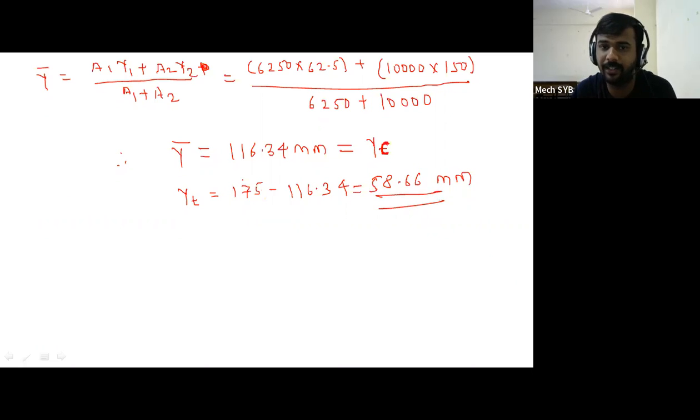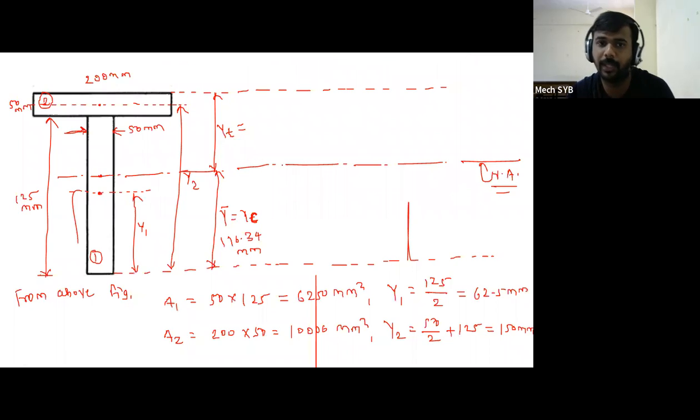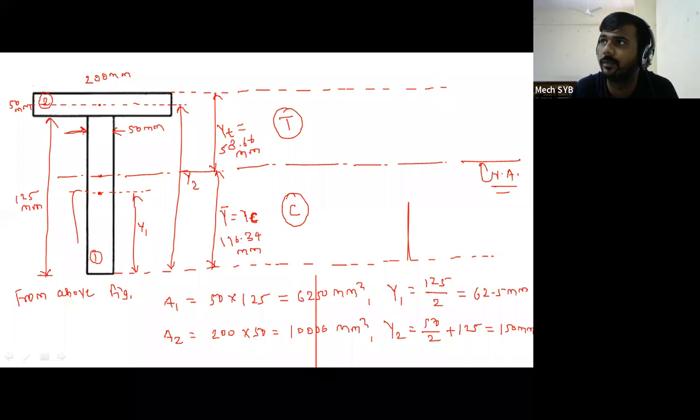So this is the YT distance and this is the YC distance. Write down on the figure also 58.66 mm. This is the portion under tension and this is the portion under compression. As per the cantilever beam, above the neutral axis the portion is subjected to tension and below the neutral axis the portion is subjected to compression.